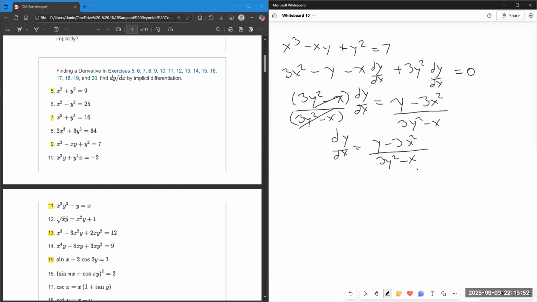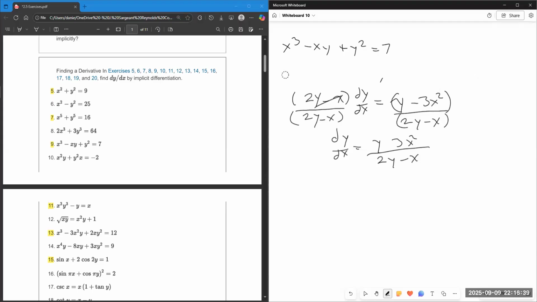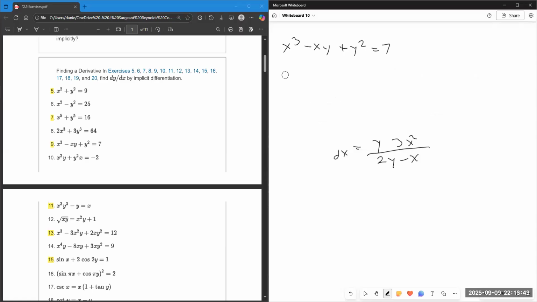Apologize, this was a y squared here, not a y cubed, so let me start that one again just to be more clear.